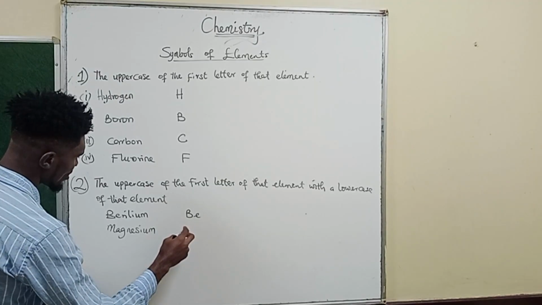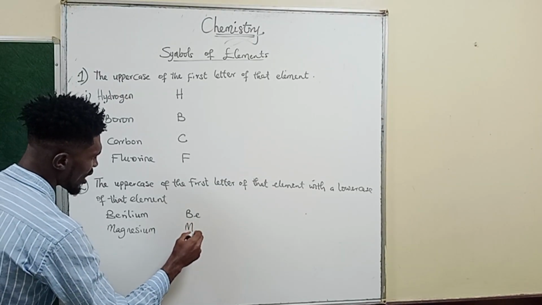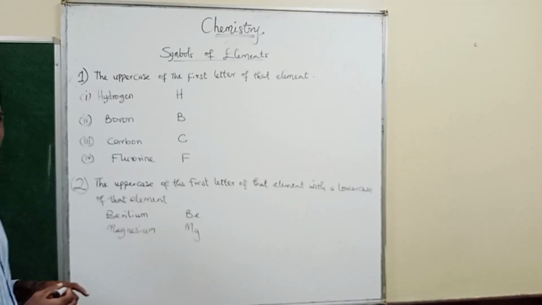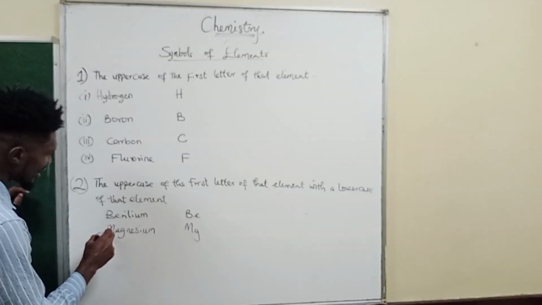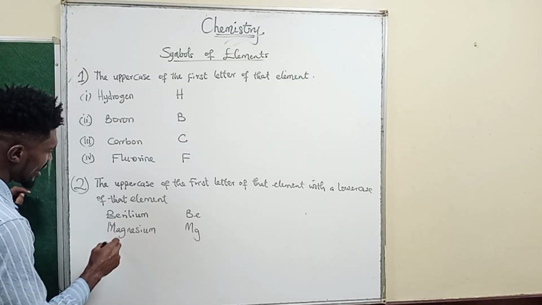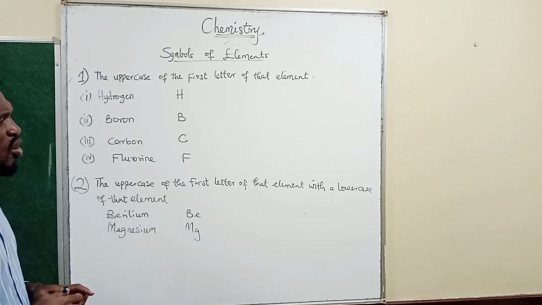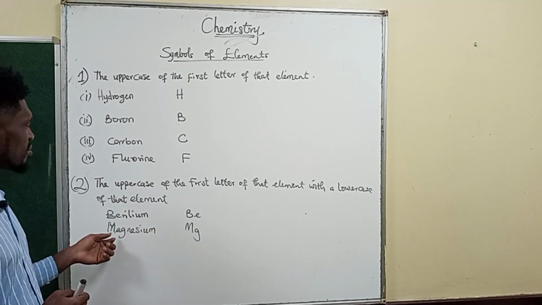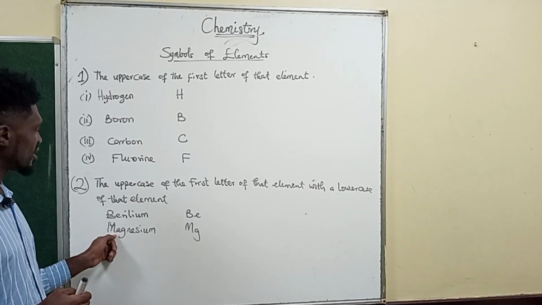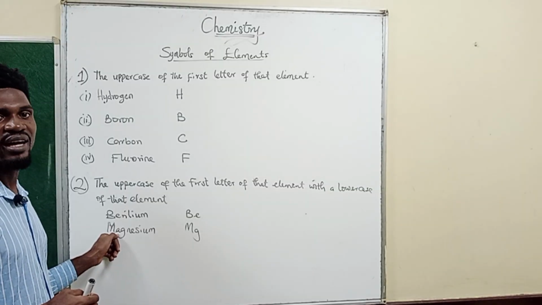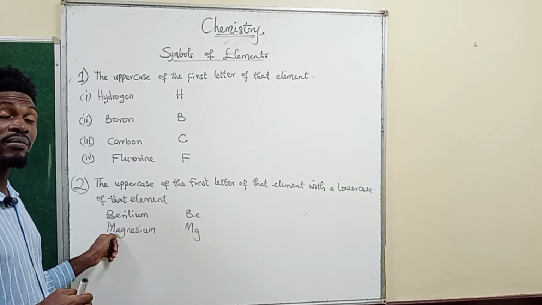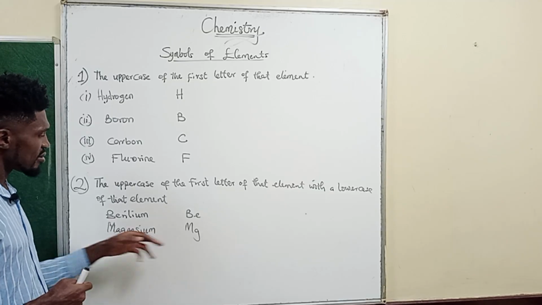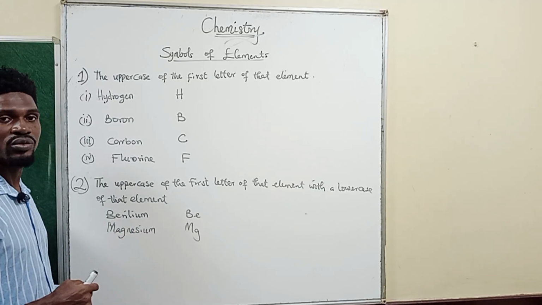Magnesium is written as capital letter M and small letter G. You can see it's not capital letter M and small letter A, but rather capital letter M and small letter G. So the lowercase is not necessarily the next letter after the first letter, right? It can be in the middle.